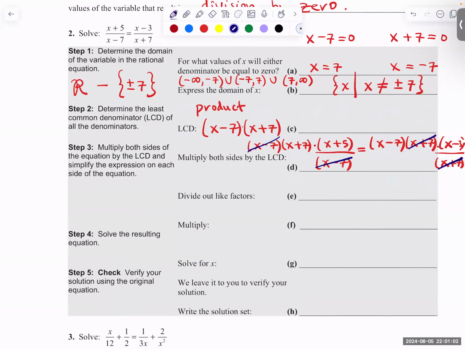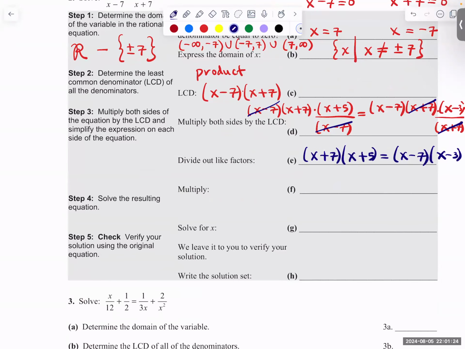And so now let's write it over again. We have x plus 7 multiplied by x plus 5 is equal to x minus 7 times x minus 3. So let's multiply out.